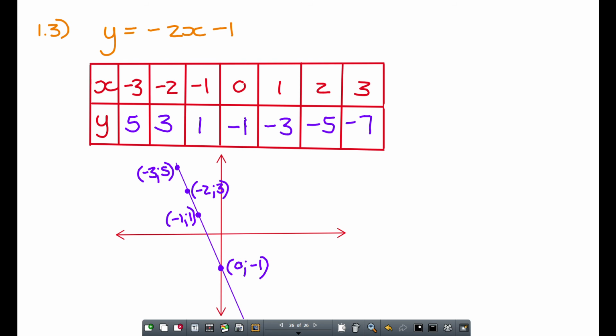Okay, did you guys have it like that? You obviously had all your points on your graph.